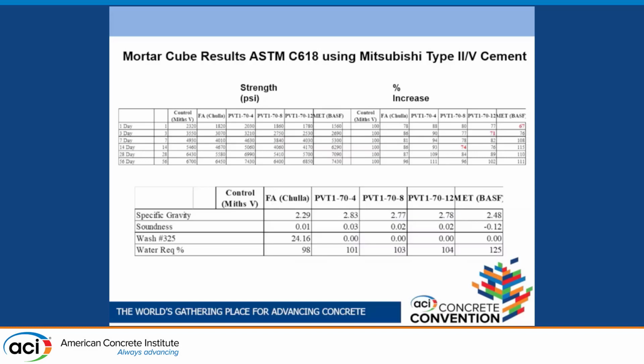And what we generally have with this material is low water demand. Sometimes some of the tests come up neutral, some come up slightly larger. And it is the property of this material.